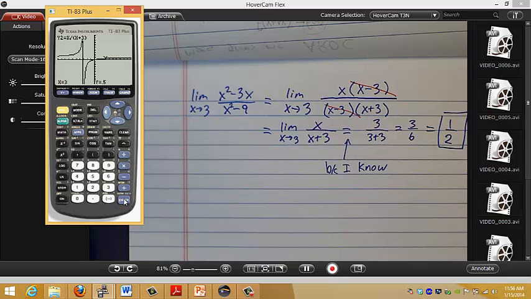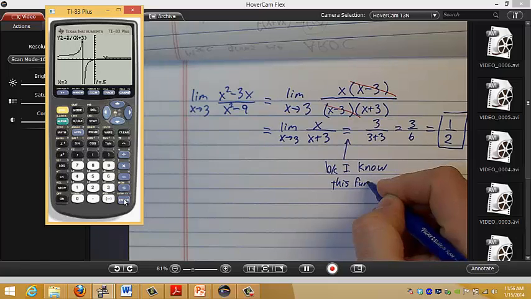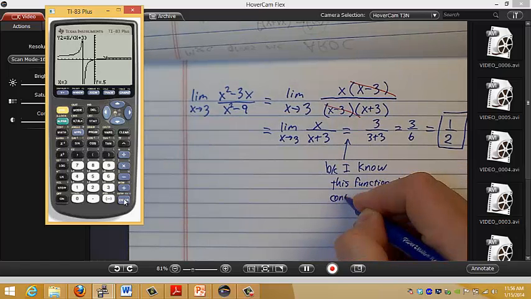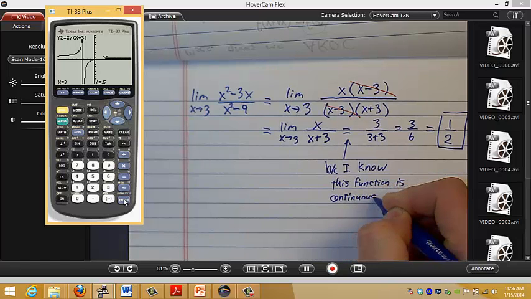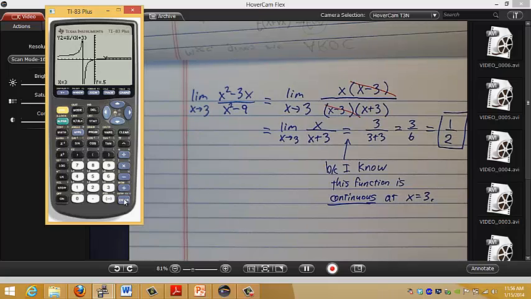So they're the same function except that this one is, and the word is, continuous at x equals 3. I know this function is continuous at x equals 3. And when I know the function's continuous, I can go ahead and substitute in.